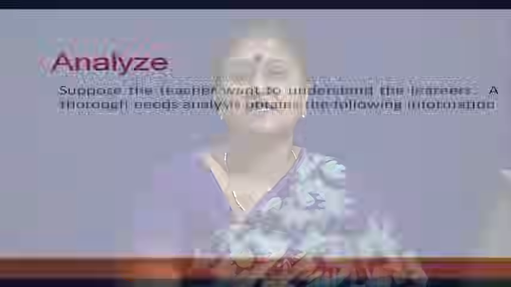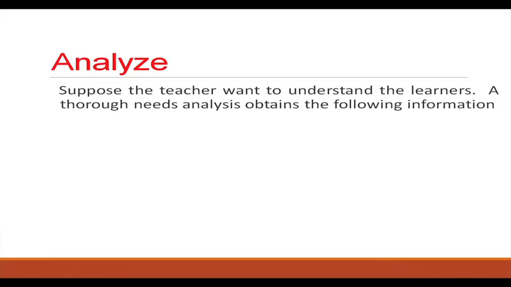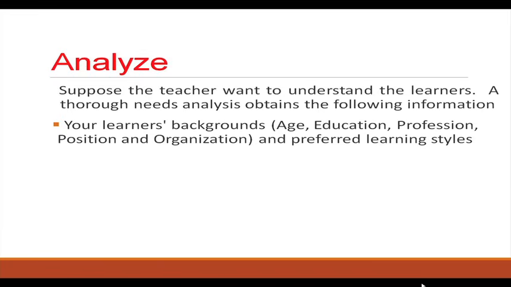Suppose the teacher wants to understand the learner through a thorough needs analysis. The following information is very important: your learner's background, their age, education, profession, position, and preferred learning styles, then their level of knowledge on that topic, and their expectation from the training.